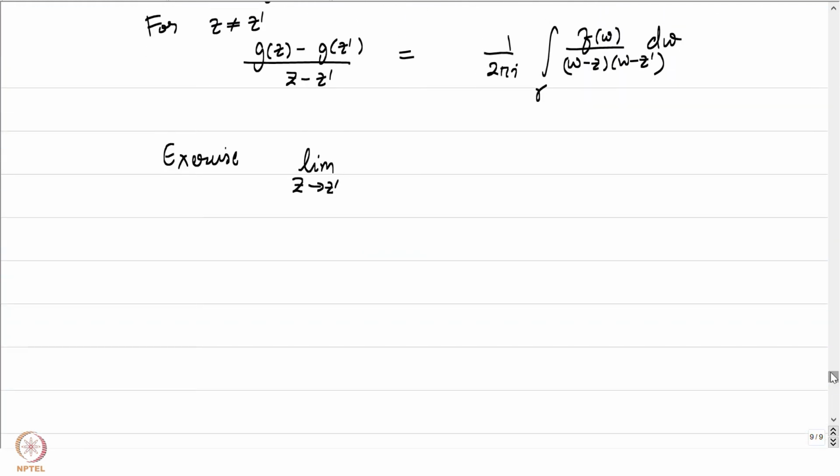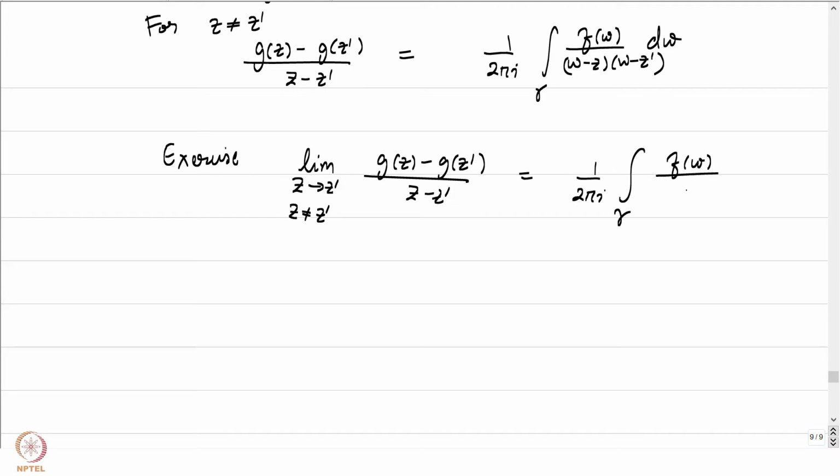Just a little more computation and work is needed, however, to establish that this limit as z goes to z prime of the function g of z minus g of z prime by z minus z prime is going to be equal to 1 by 2 pi i integral over gamma f of w by w minus z prime square dw.